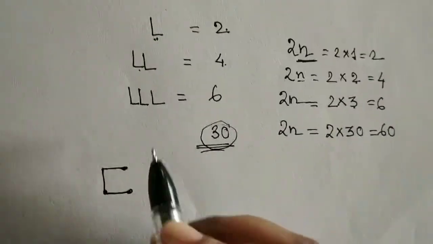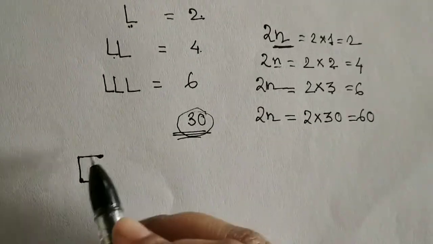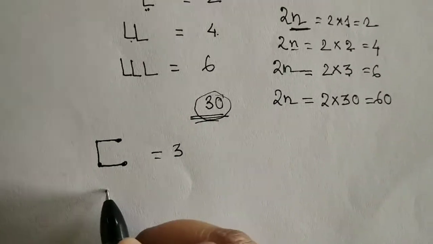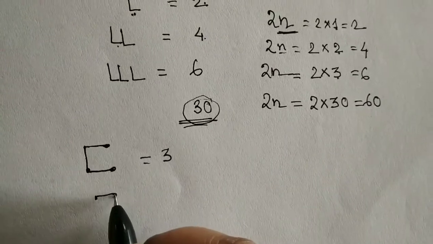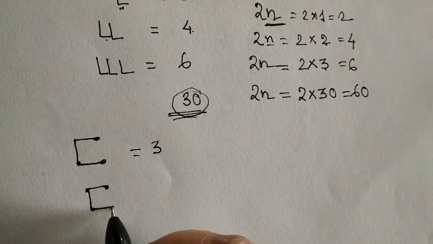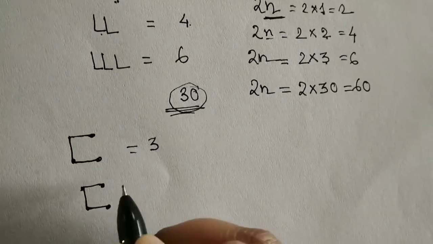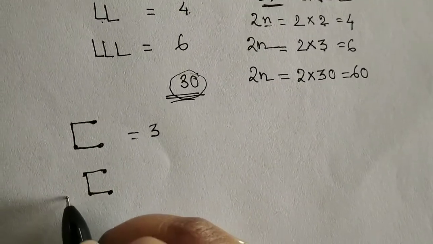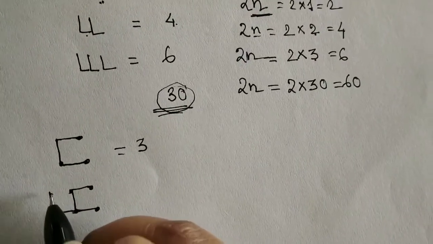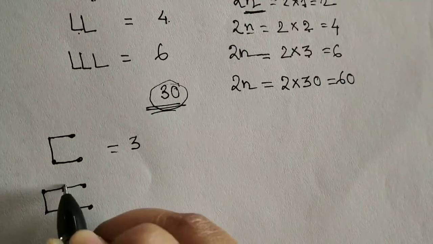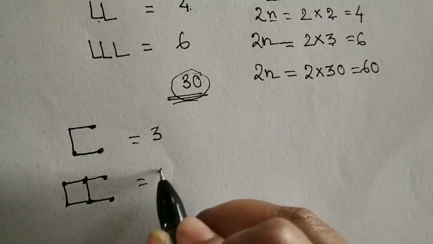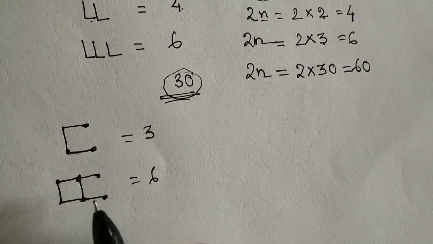Now say I am taking C letter. So here 3 matchsticks are used to form one C. Now taking 2C. So here 1, 2, 3. Again 1, 2, 3. So here number of matchsticks used is 6.